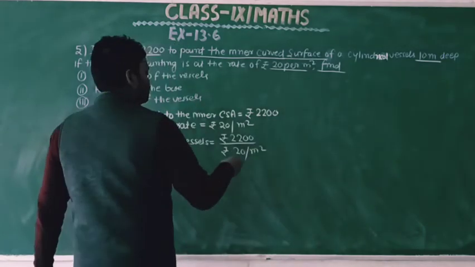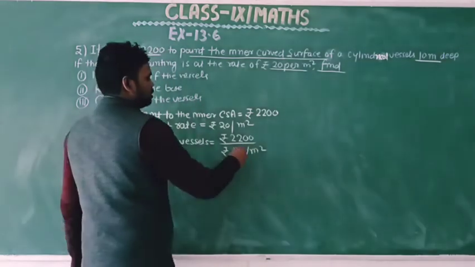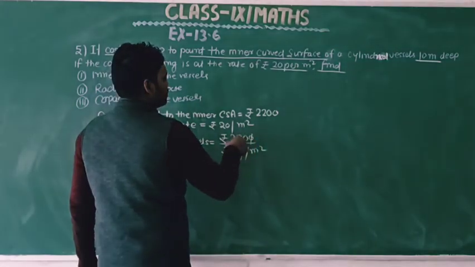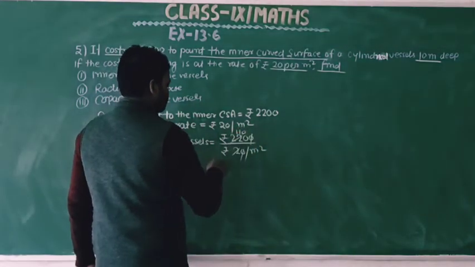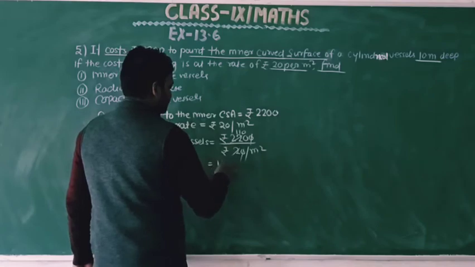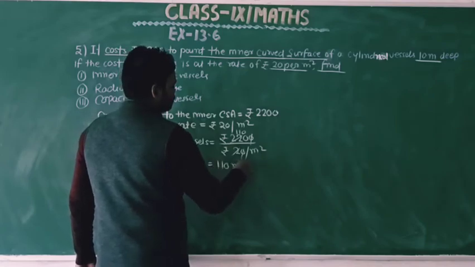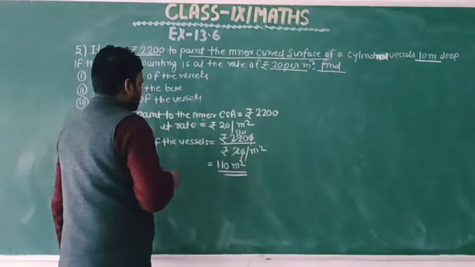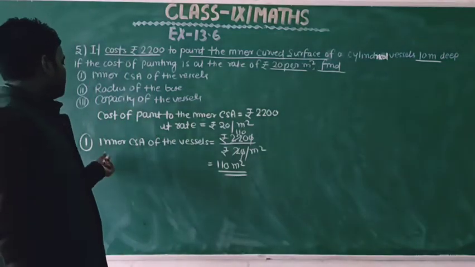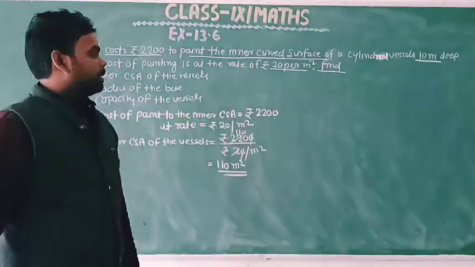Now simplify: 0 0 cancel out, and this is 220 divided by 2, which is equal to 110 meter square. So this is the inner curved surface area of the vessel.